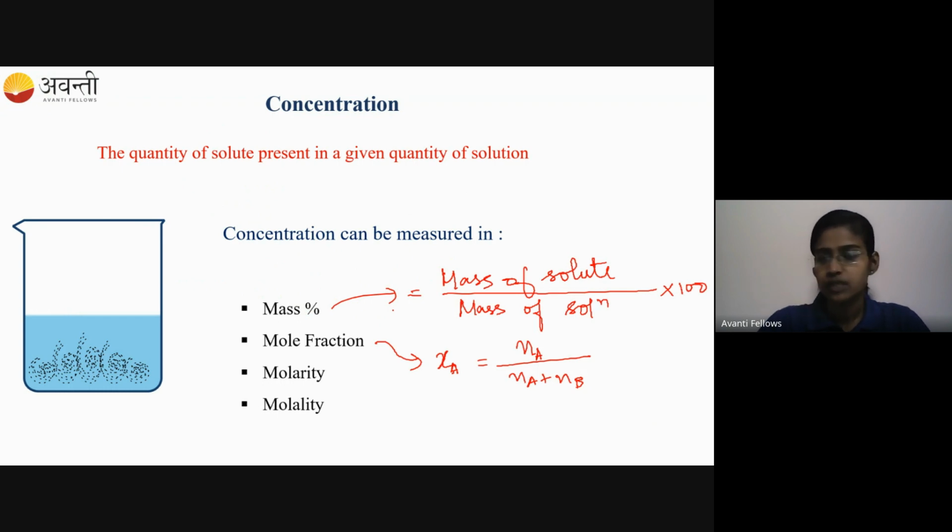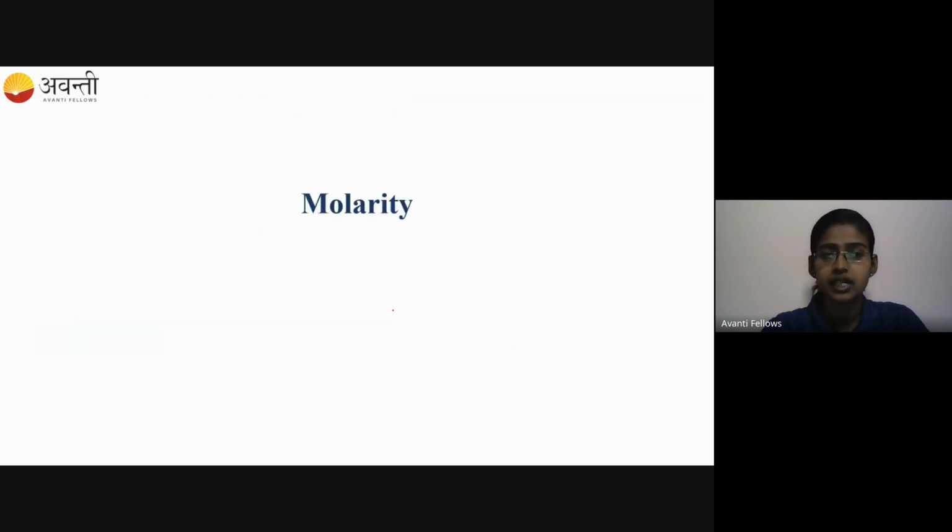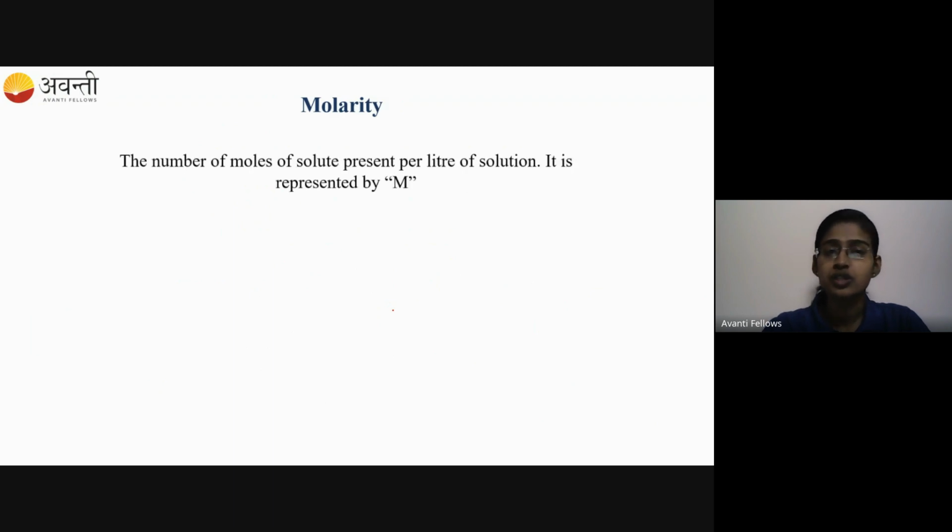Now, in today's class, we will start with the third term, that is molarity. So what is molarity? Molarity is the number of moles of solute present per liter of solution.